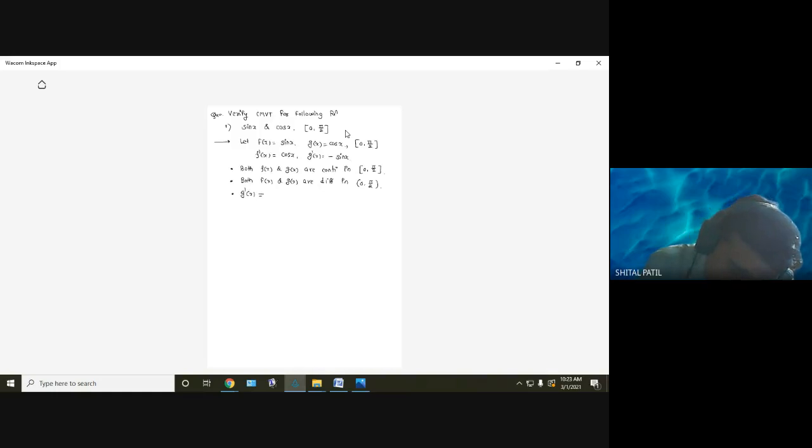So g dash of x is not equal to 0 for any x in the open interval 0 to pi by 2. Open interval means 0 is not included. So don't get confused. No doubt sin x becomes 0 at x equal to 0, but 0 is not included in the open interval 0 to pi by 2.